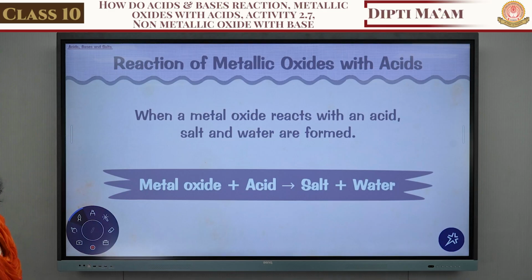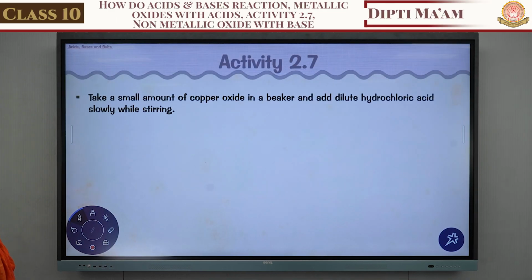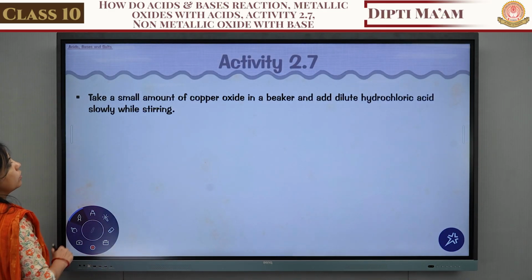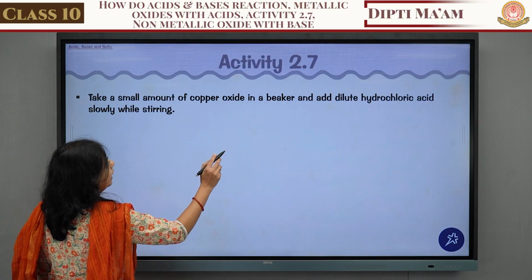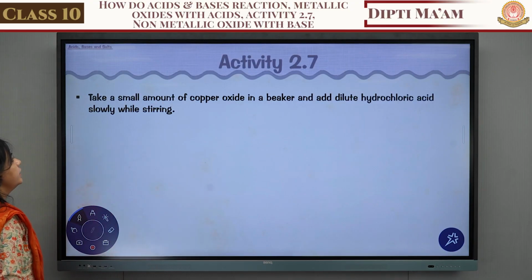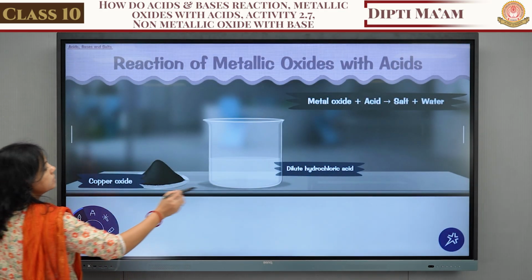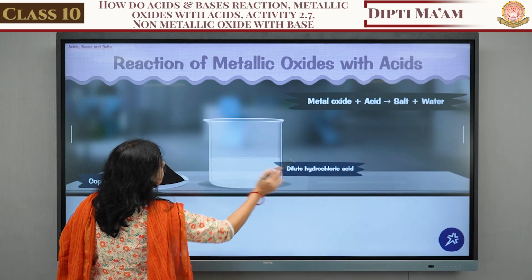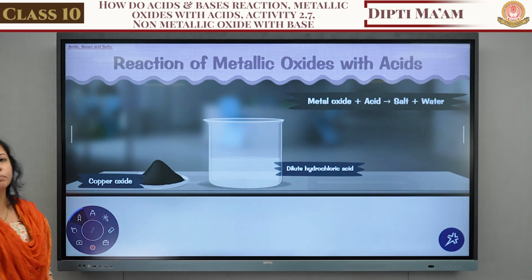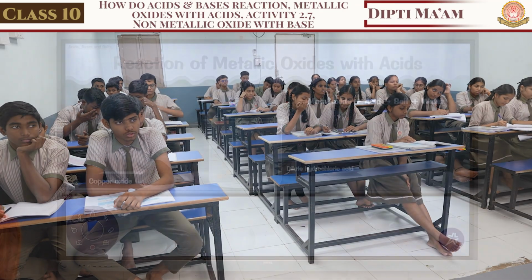The activity is, we take a small amount of copper oxide in a beaker and add dilute hydrochloric acid while stirring. This is the copper oxide, this is the dilute hydrochloric acid. What is the formula of copper oxide? CuO.